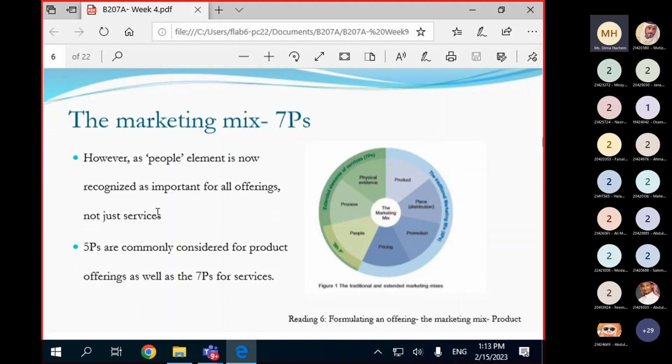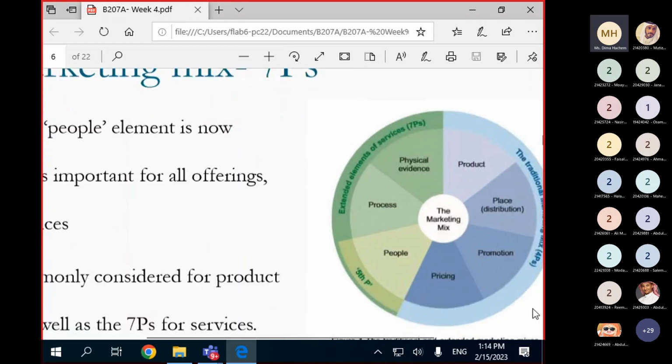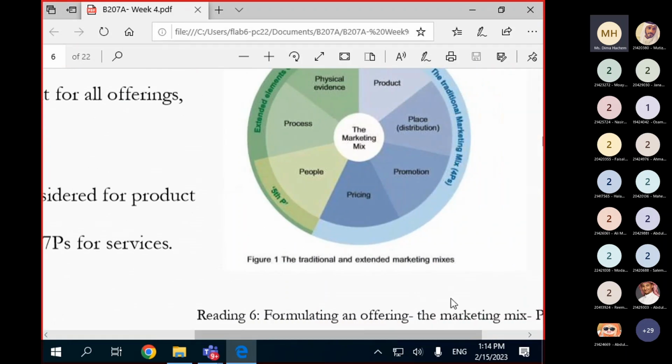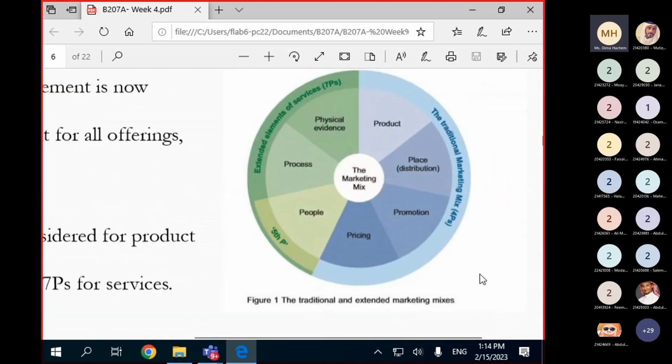Sometimes we are going to add more Ps to the 4 Ps when we are talking about services. When we talk about services, we will add 3 extra Ps, which are people, process, and physical evidence.